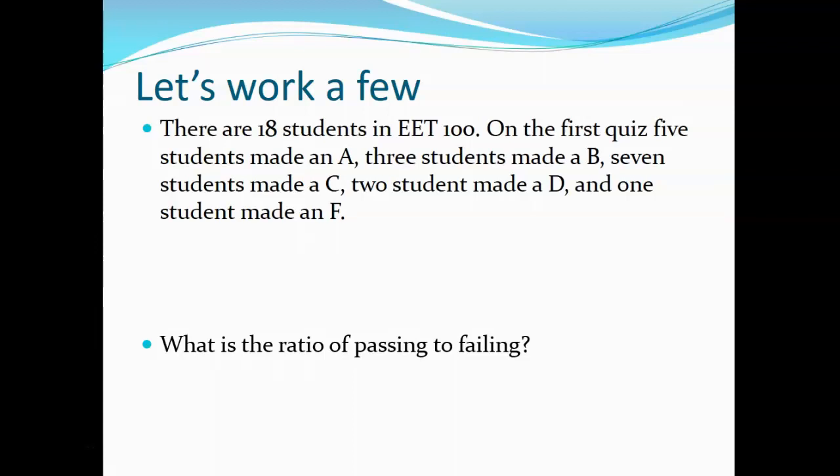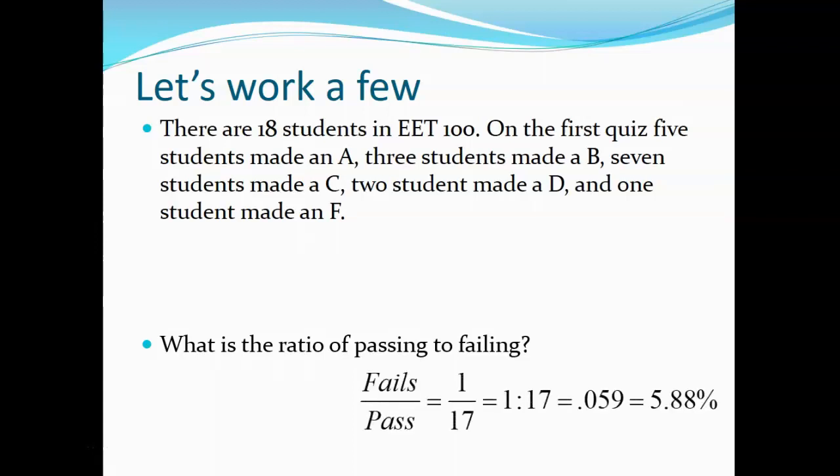All right, what is the ratio of passing to failing? So passing is anything above an F traditionally. Now there's a reason I say that, and we'll get to it in a second. So traditionally, 1 F means that you had one person that failed.